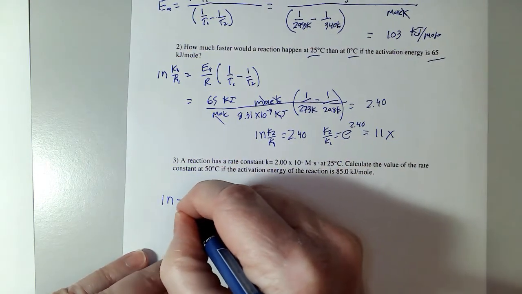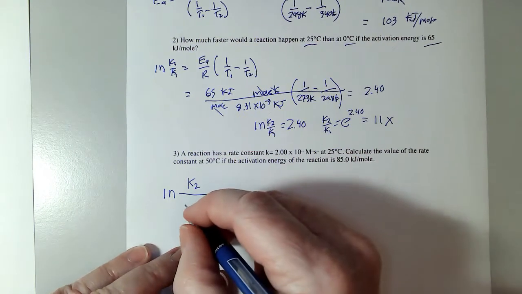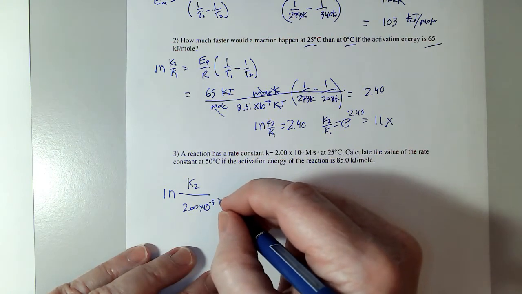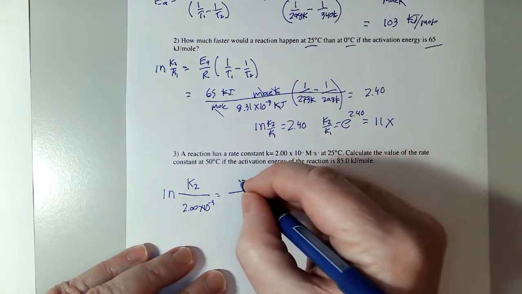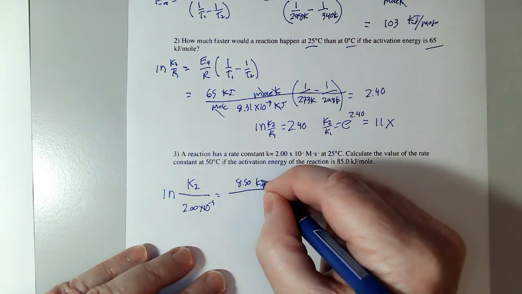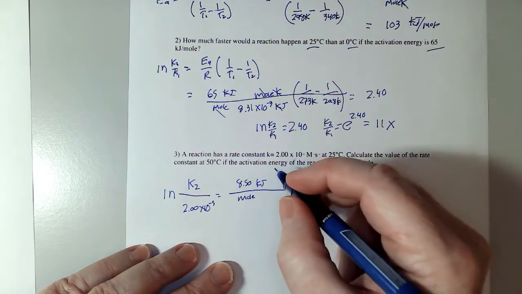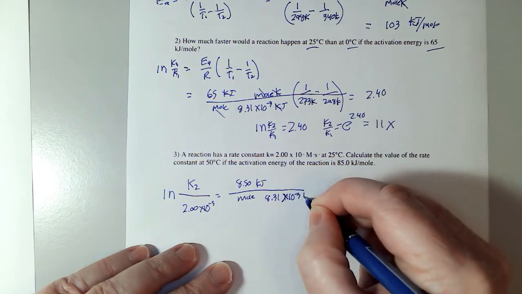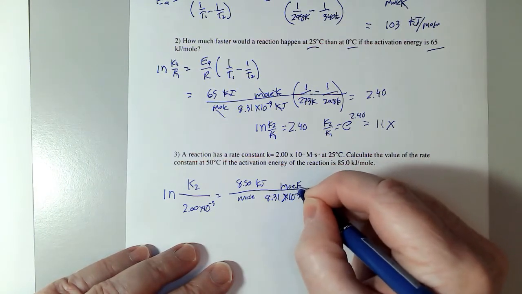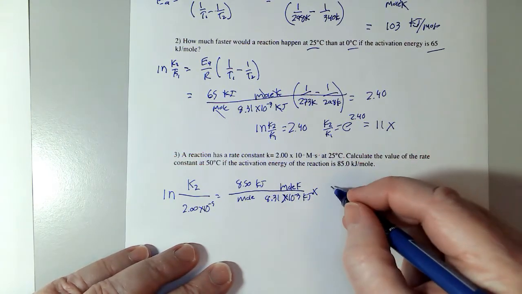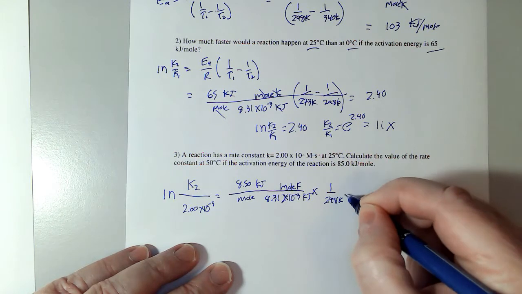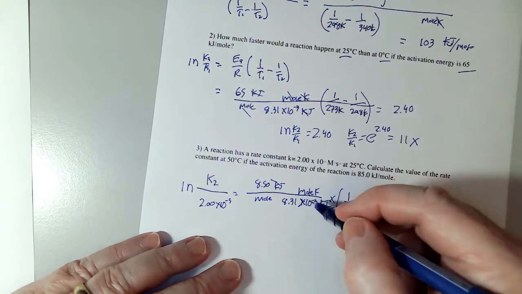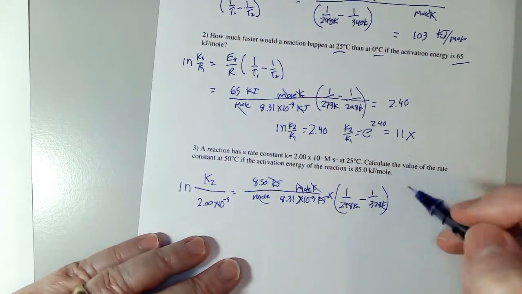So what we have is the ln of K2 over 2.00 times 10 to the negative fifth, okay, equals, and I have 8.50 kilojoules per mole, okay, divided by R, which is 8.31 times 10 to the negative third kilojoules per mole K, times 1 over 298K minus 1 over 323K. Kilojoules, moles, and Kelvin all cancel out.